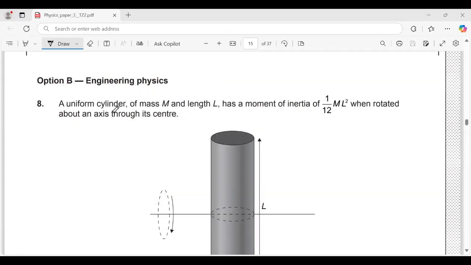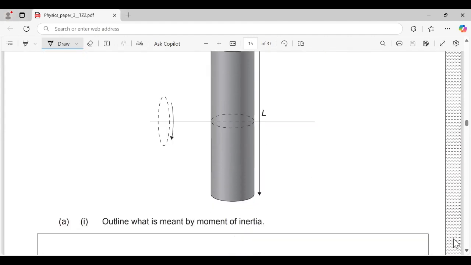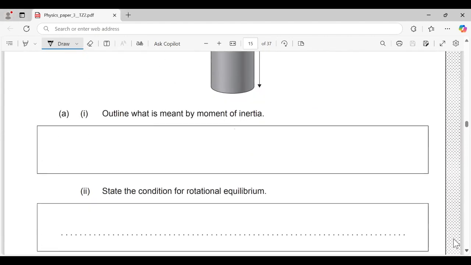Number 8: A uniform cylinder of mass m and length L has a moment of inertia of 1/12 mL squared when rotated about an axis through its center. This is the cylinder. Outline what is meant by moment of inertia.